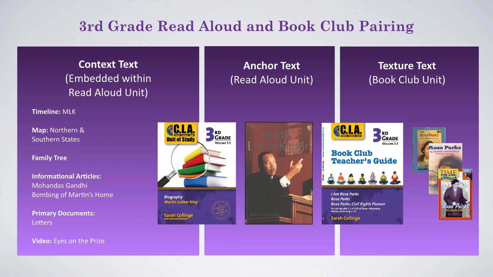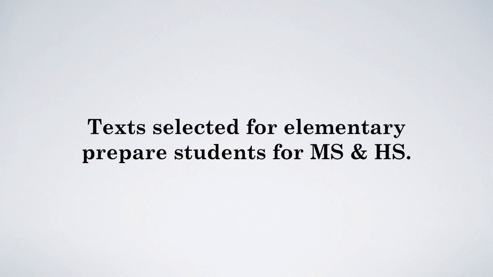We have intentionally matched the Read Aloud and Book Club text so that the Read Aloud builds the background knowledge needed for book club, allowing you to push kids to the very top of their instructional range and bring about increased progress. Giving students experience in longer novels through Read Aloud and teaching them to comprehend novels on their own through book club will prepare students for the demands of middle school and high school reading.